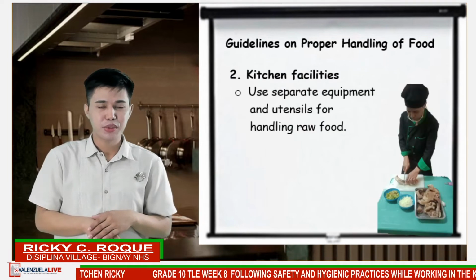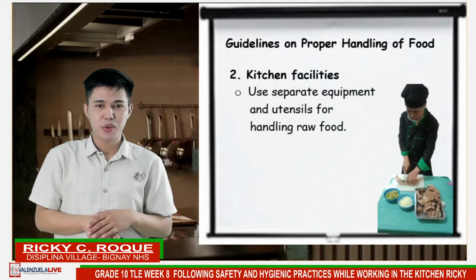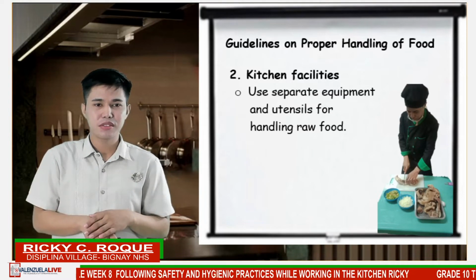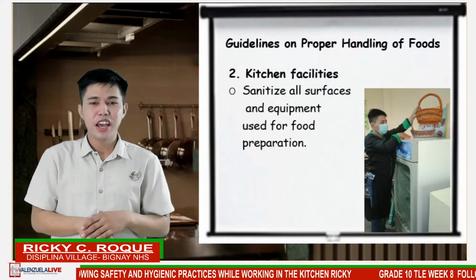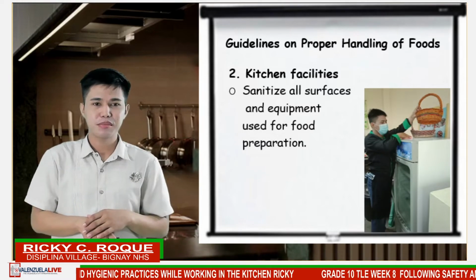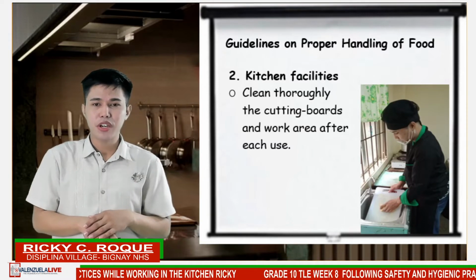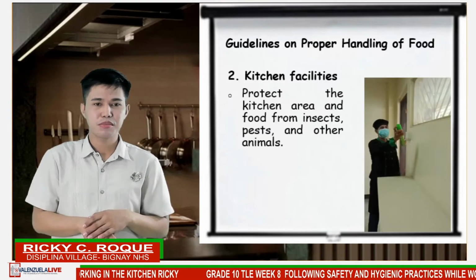For number 2, kitchen facilities. Use separate equipment and utensils for handling raw food. Sanitize all surfaces and equipment used for food preparation. Clean thoroughly the cutting boards and work area after each use.